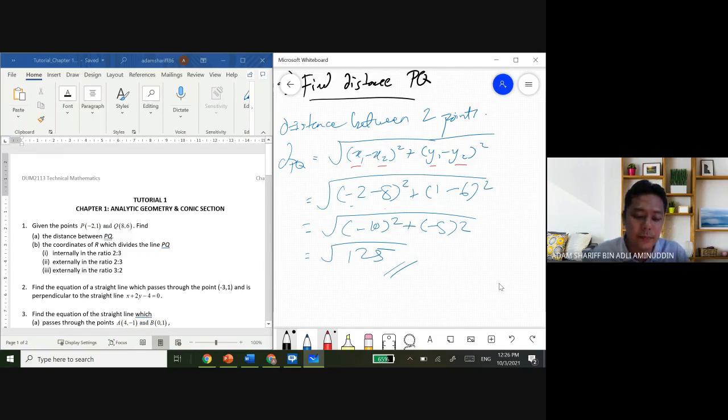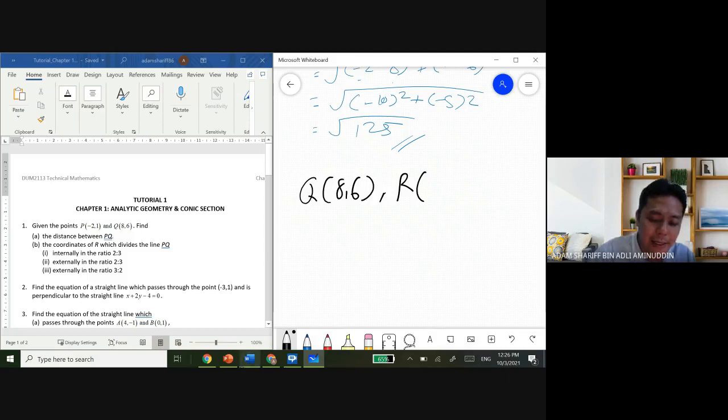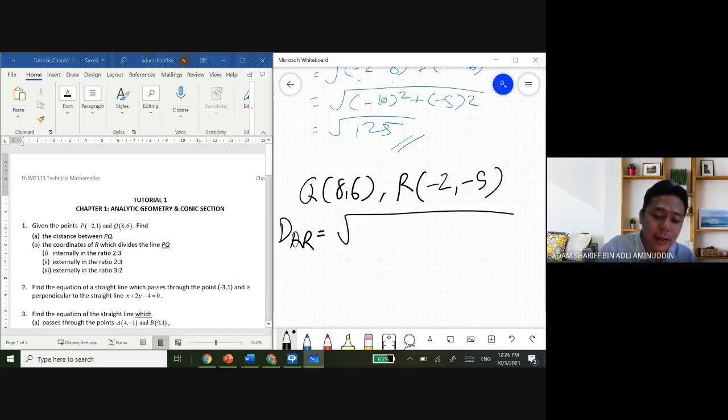Contoh, saya ubah soalan sedikit saja. Contoh, saya ambil titik Q 8, 6 and also R, I write it as -2, -5 here. Okay, distance between Q and R right now, tak ada masalah lah.